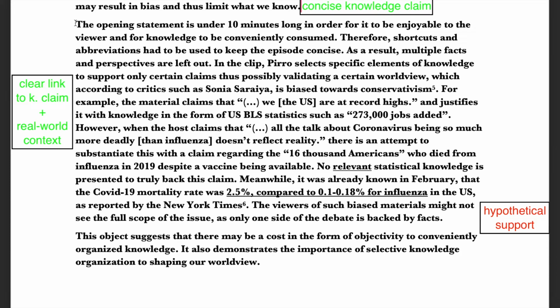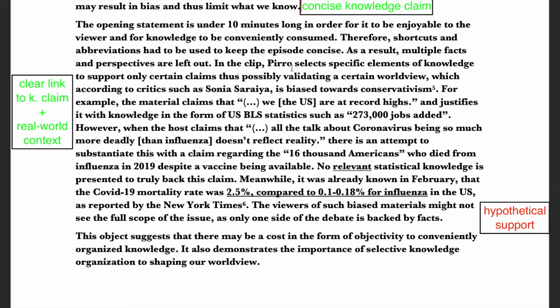In the body, I write, the opening statement is under 10 minutes long in order for it to be enjoyable to the viewer and for knowledge to be conveniently consumed. Therefore, shortcuts and abbreviations had to be used to keep the episode concise. As a result, multiple facts and perspectives are left out.